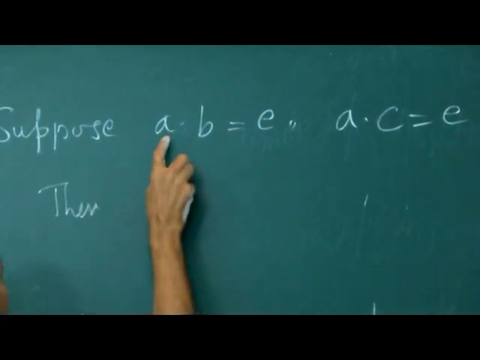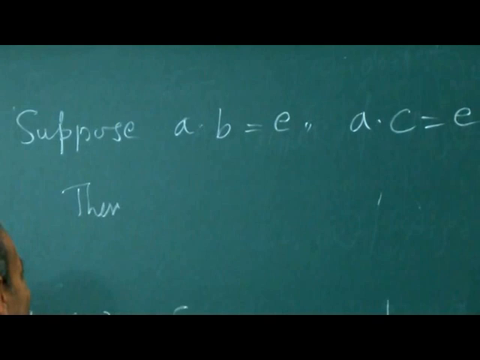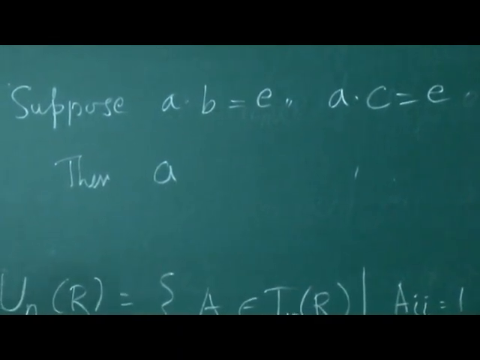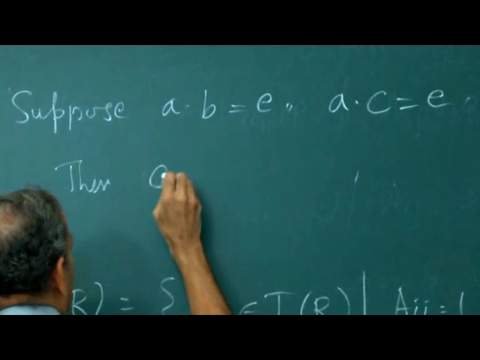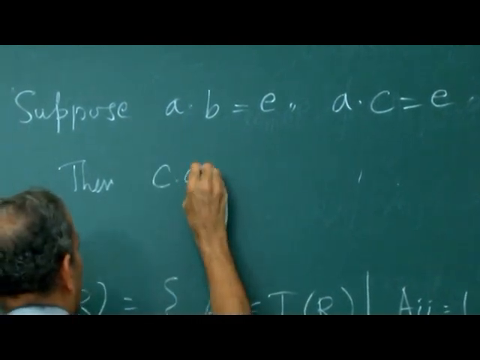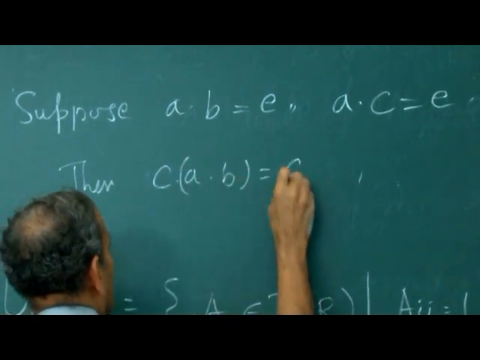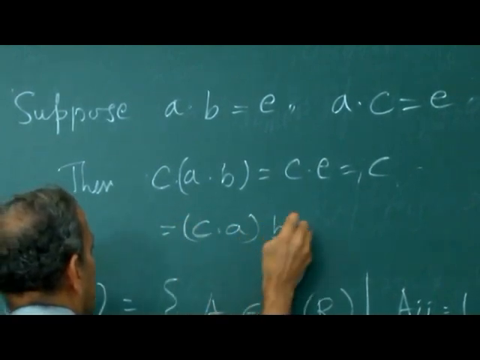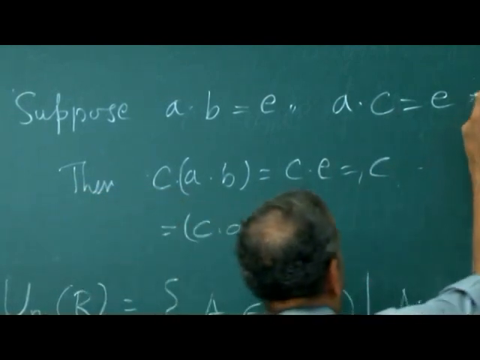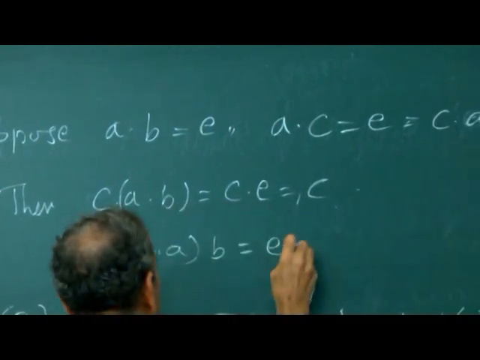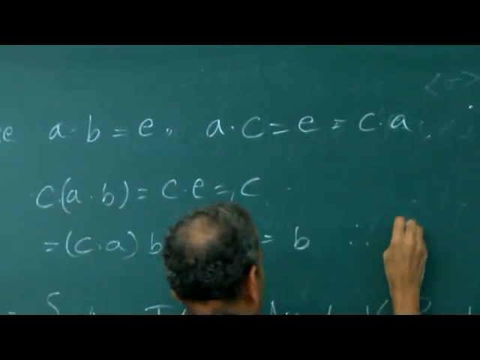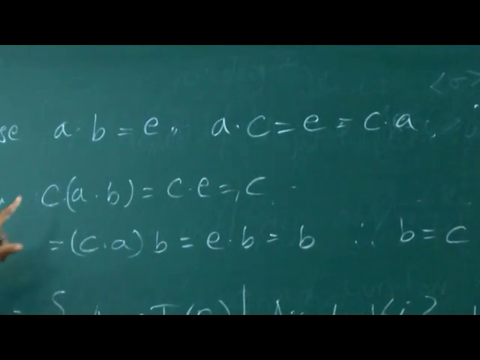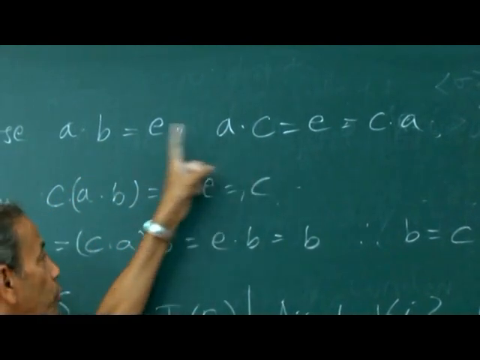What we want to show is that B is equal to C. So multiply this equation by C from the left-hand side. Then C times A times B is equal to C times e, which is C. But C times A is identity, so C A B is identity times B, which is B. So you can see, therefore, B is equal to C. So identity is unique, and inverse is also unique, because we assumed B and C are two inverses and showed they are equal.